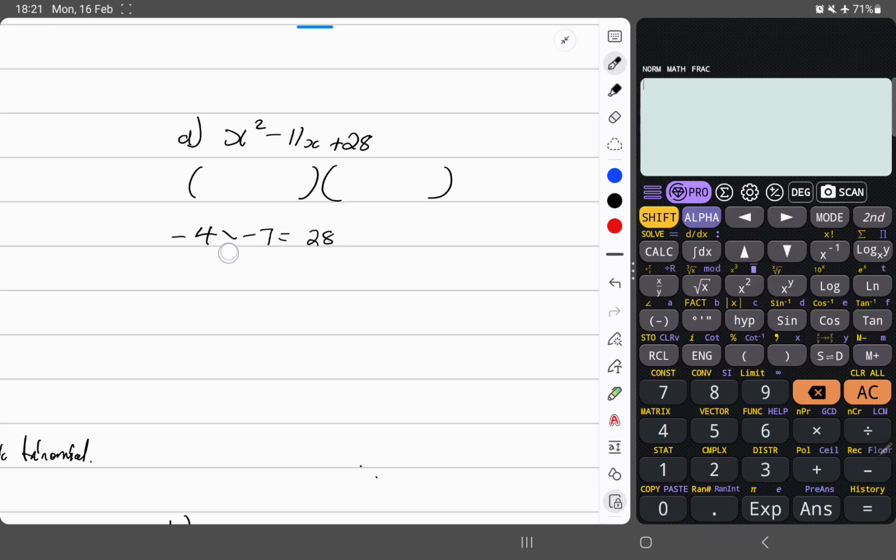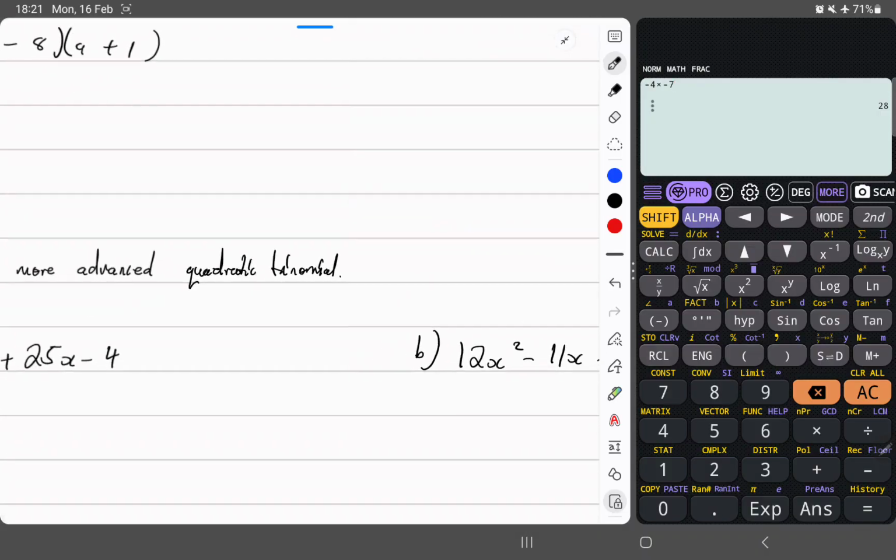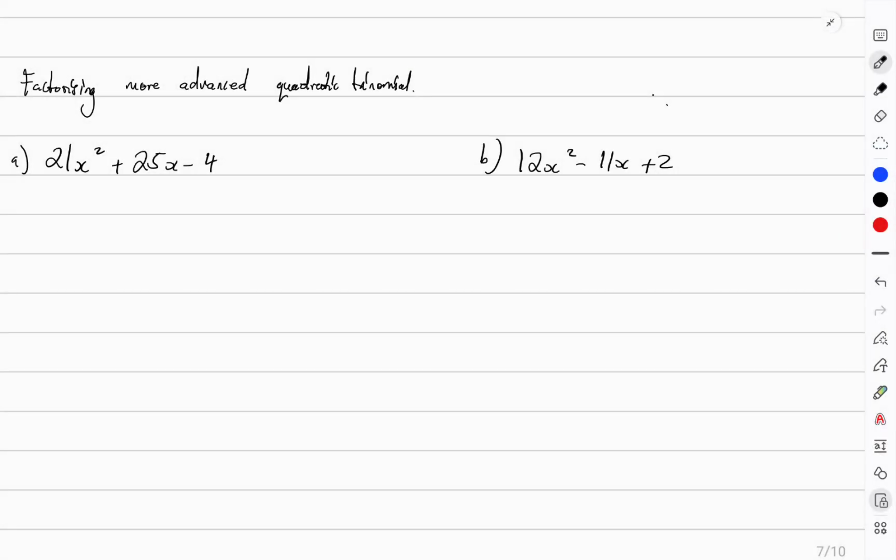But then if you remove that times and you put a plus, you're going to have a negative 11. Negative 4 minus 7 is a negative 11, and negative 4 times negative 7 is 28. Therefore, I'm going to have x minus 4, x minus 7. That becomes my answer.